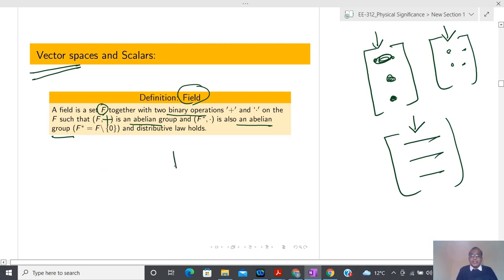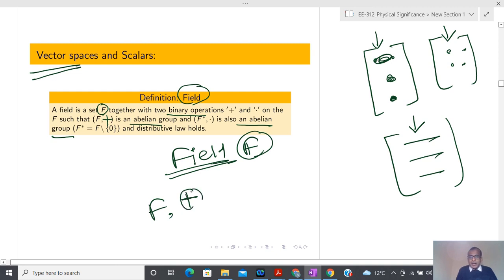Whenever you define the field, with respect to the first operation, I have selected some element f and apply an addition kind of operation, and that forms an abelian group.